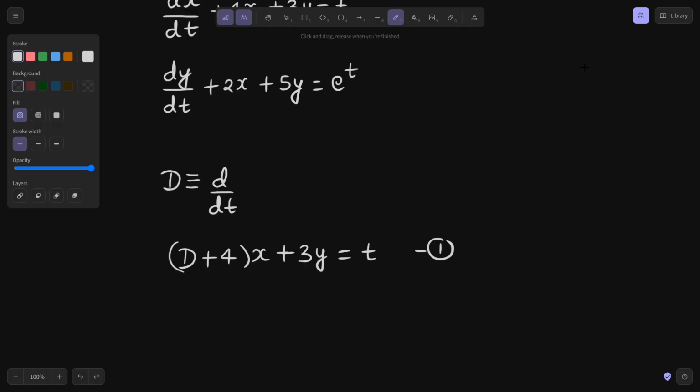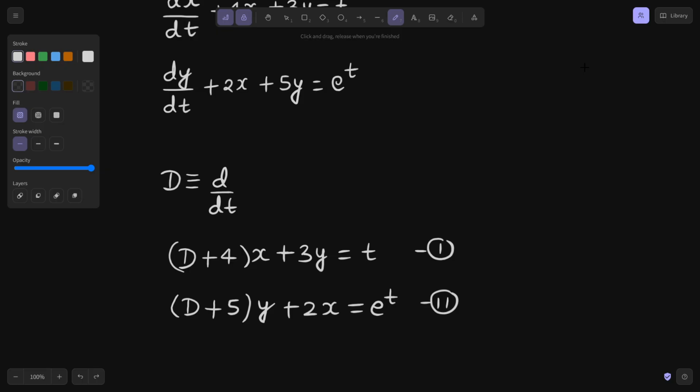Likewise, your second one will be D plus 5, because I am deciding to take 5y common, y, plus 2x equals e power t.